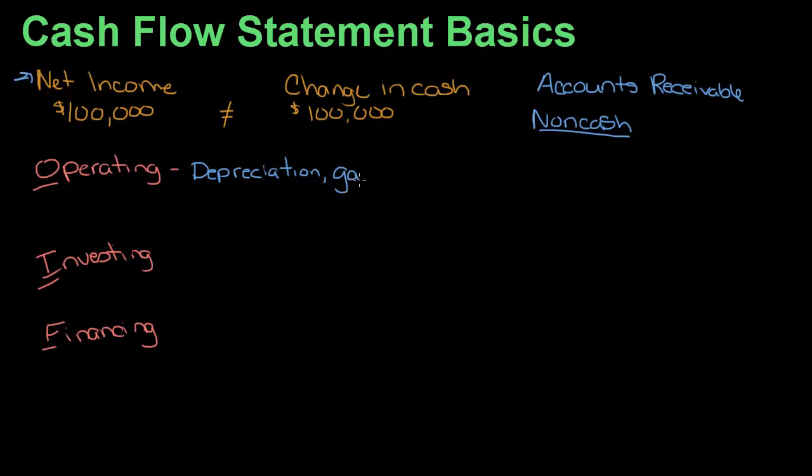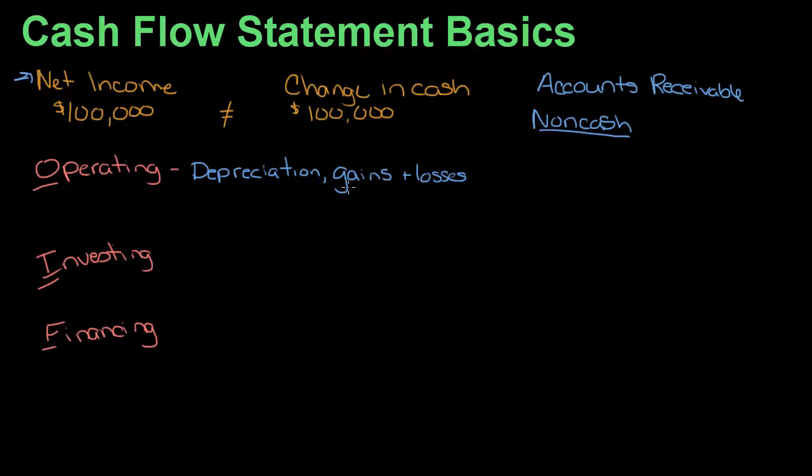Another non-cash transaction, gains and losses. Okay. The way I think about gains and losses, if you own a stock and the value goes up on the stock market, you have a gain. However, unless you cash in that stock, you're not getting any cash for it, right? All we're saying is that the value of the asset increased, which generates a temporary gain.